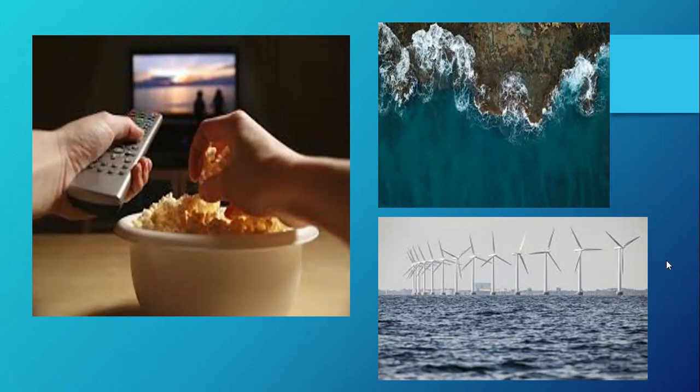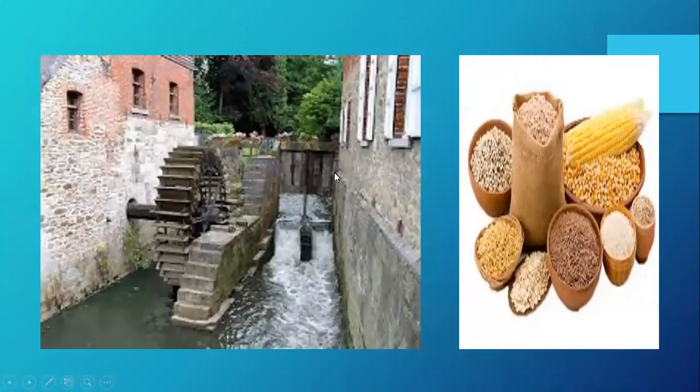In the past, they used the water and the wind as a source of energy. How? This is a kind of mill that grinds the grains. This kind of mill contains, look here, the wheel and axle.